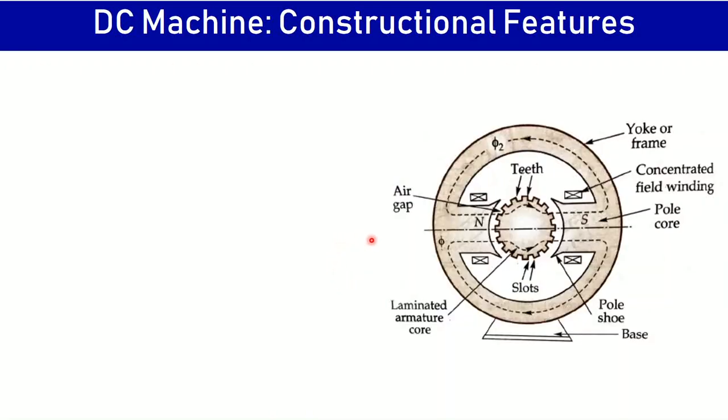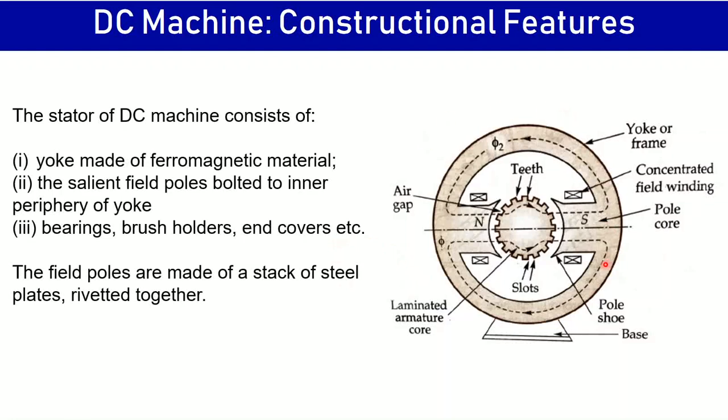Coming to the stator part of a DC machine, the stator consists of this frame which is known as the yoke. It is made of ferromagnetic material. The inner part of this yoke has a protruding pole, the salient pole, which is bolted to it, and on this pole there is a concentrated winding which is the field winding.